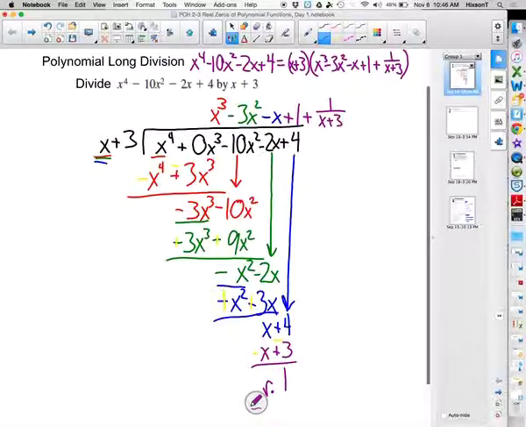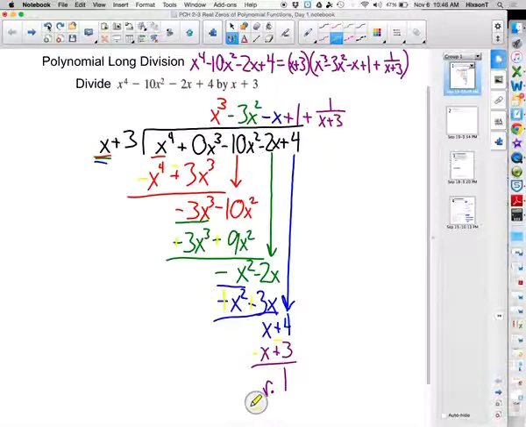Would that be like a 0 or something? Good, what would be a 0? X equals -3. Exactly. If this came out to a remainder of 0 instead of what it did, then -3 would have been one of the zeros of our function. Now in this case it's not, but watch out for that.